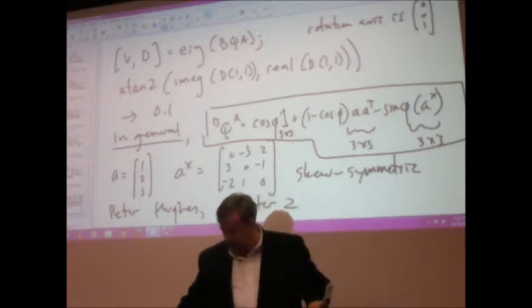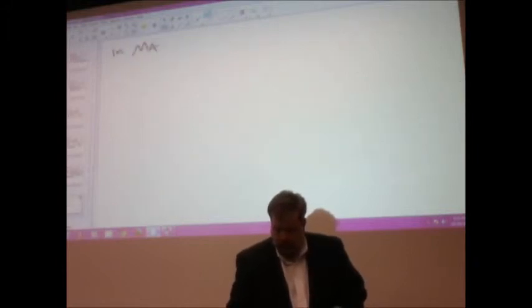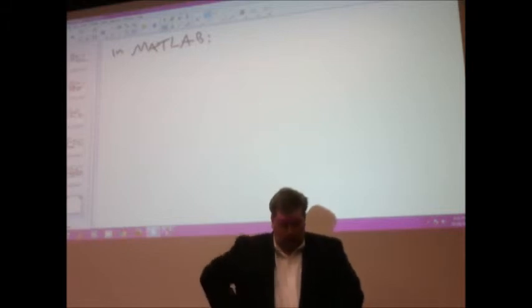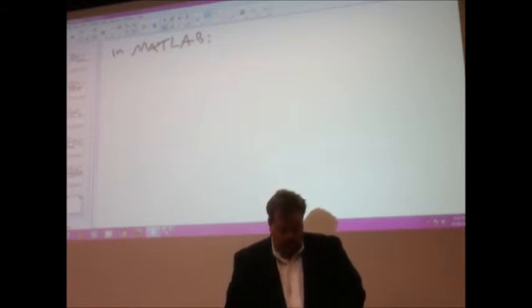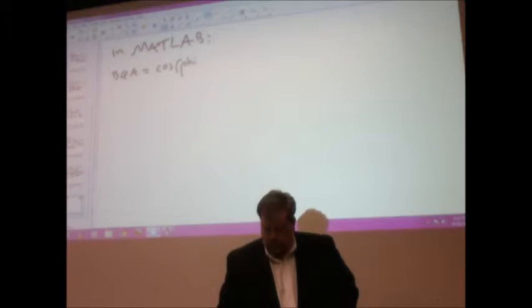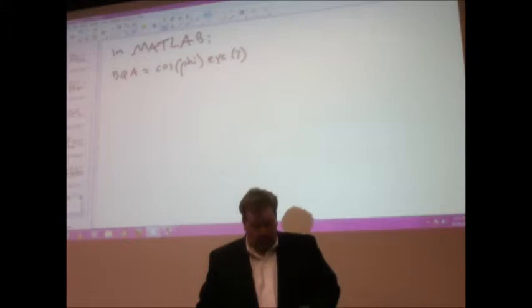Let's take a look at what the MATLAB code for this would be. So in MATLAB, once again, BQA is our little variable that we're creating, which represents the direction cosine matrix. We could calculate cosine of phi times I3. That's the 3 by 3 identity matrix in MATLAB. You could generate it in other ways, but this is a cute way to do it.